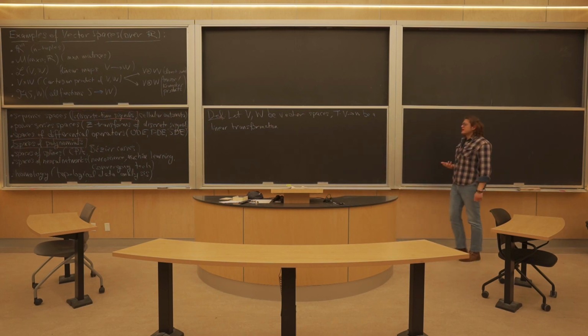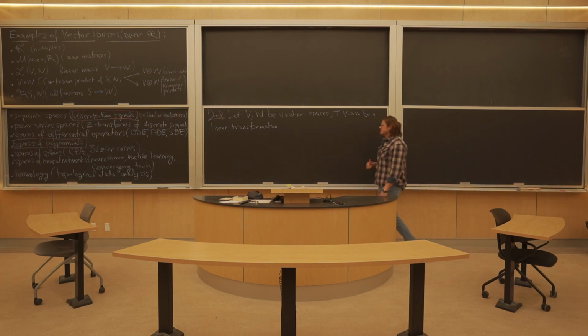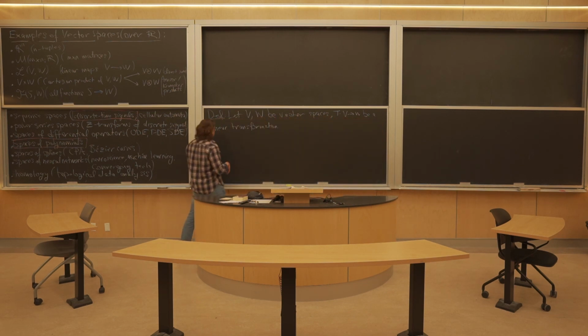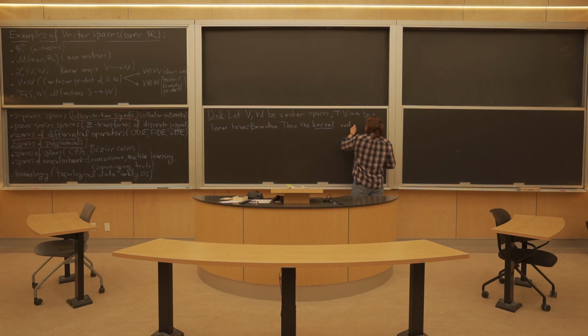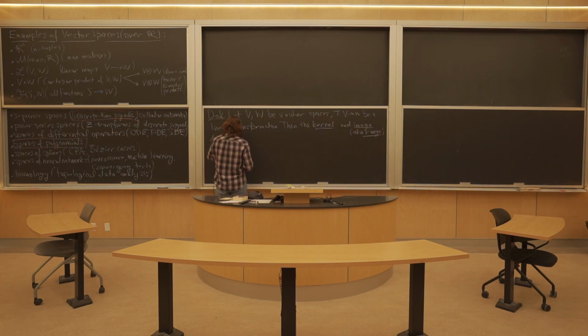Its kernel is the analog of the null space, and its image or range is the analog of the column space. Okay. Then the kernel and image, aka range, of T are defined as follows.